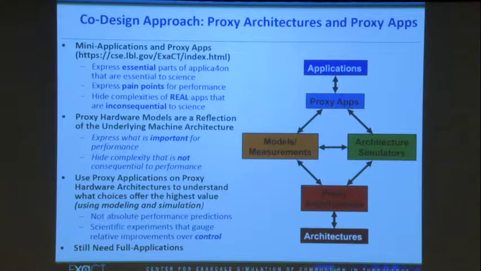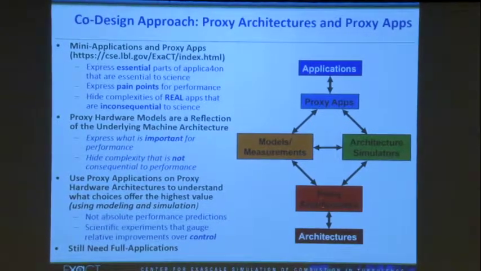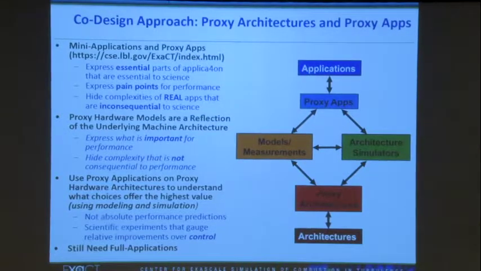And so we had this kind of methodology that I think has stuck within DOE, where you develop applications that are then represented more simply as proxy applications. That is, you write software that represents pain points or critical paths that are in your large applications in terms of the performance. And then at the other end, the hardware guys, the architecture guys, also do DNS, but they do DNS of their proxy architectures and how different pieces of the hardware perform for a given set of use cases of proxy apps from the domain side.